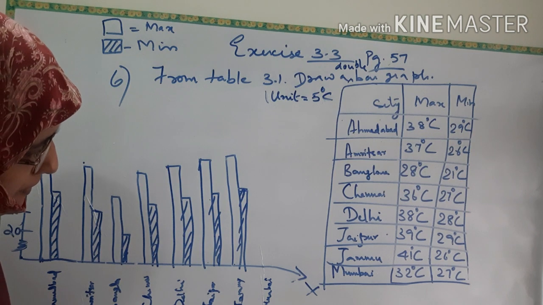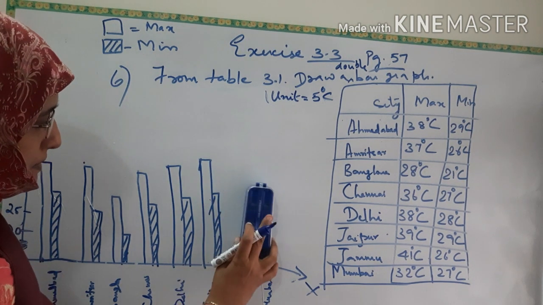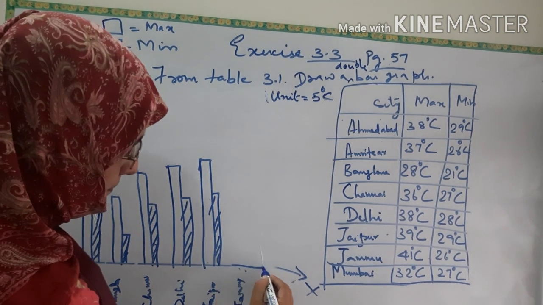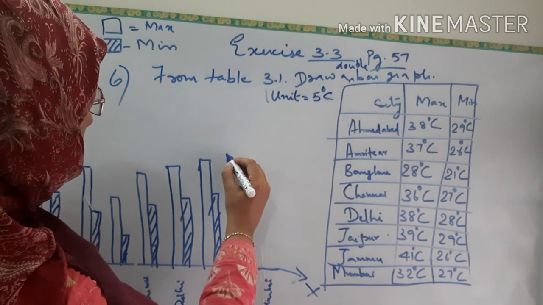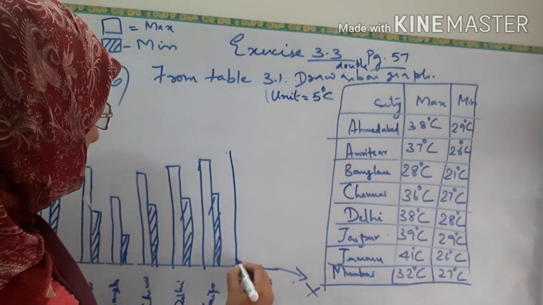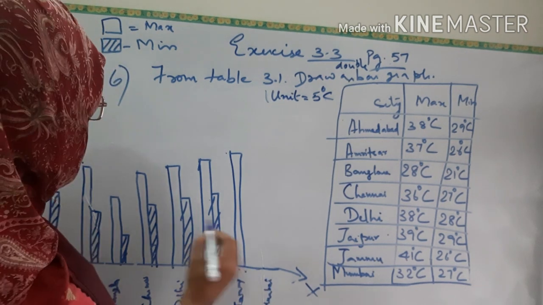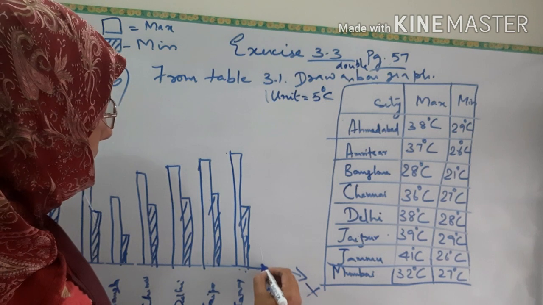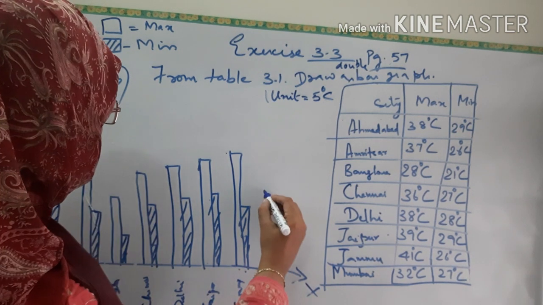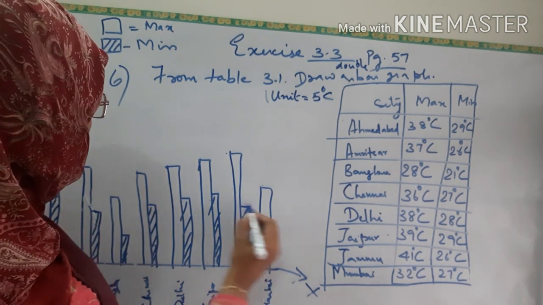Sorry, not Mumbai. Oh, it's a mistake there. Jammu, it is 41. So it will be somewhere here. Maximum is 41 and minimum it is 26. Then Mumbai, maximum it is 32 and minimum it is 27.